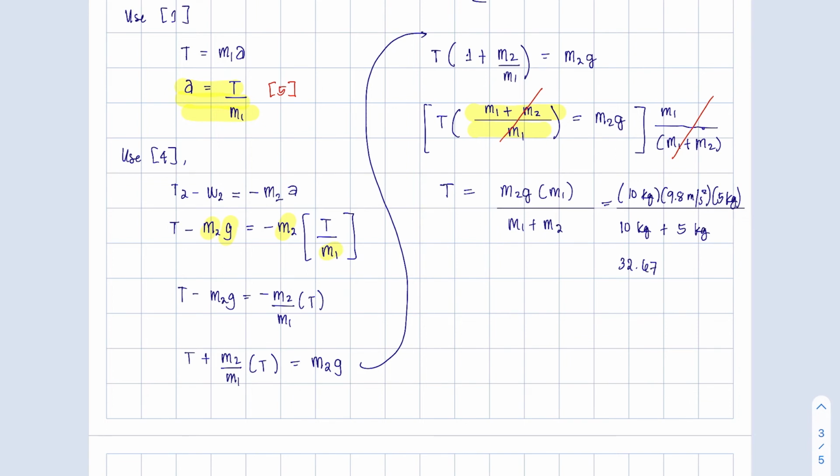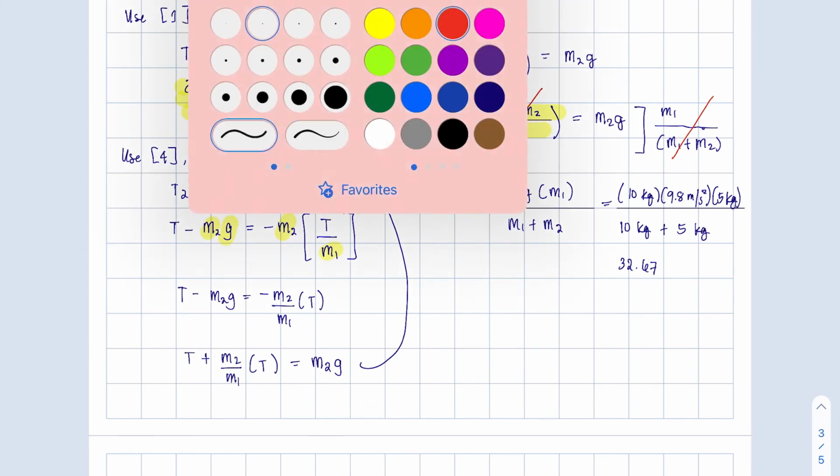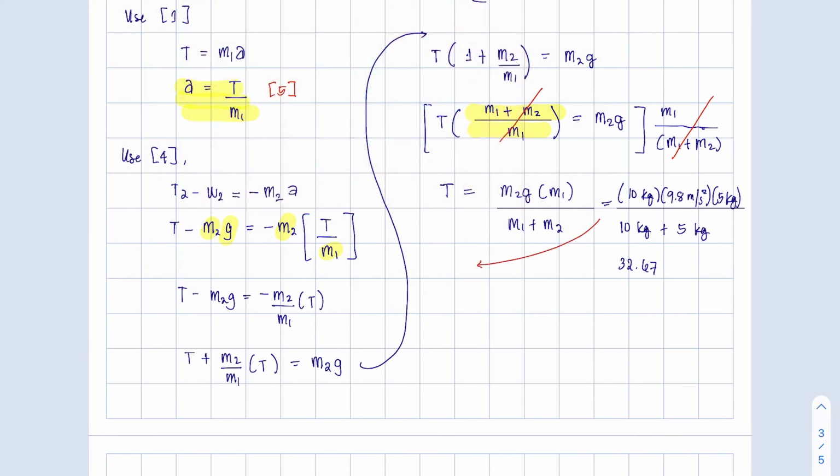So you have kilograms from the denominator, and then on the numerator is kilograms times kilogram squared. So here, I'm just going to show it to you. In terms of the units, you have kilogram squared, since kilogram times kilogram is kilogram squared, meters per second squared, and on the denominator you have just kilogram.